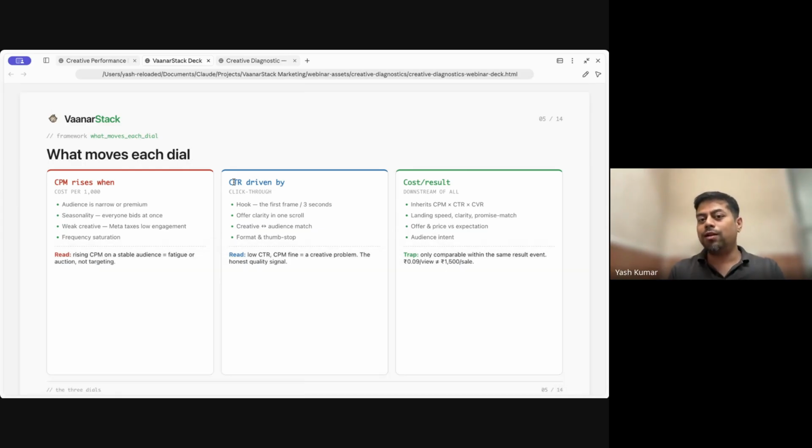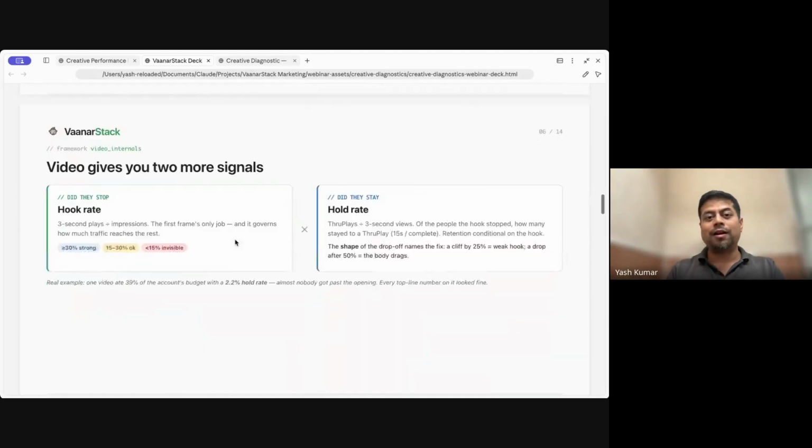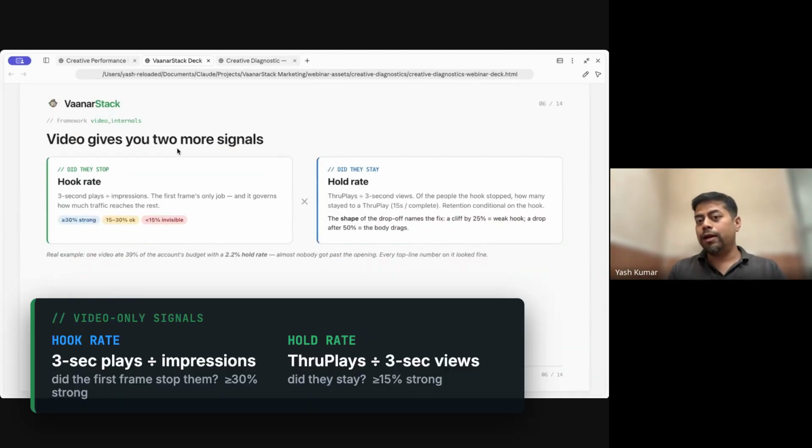Now, if you have spent a decent amount of time in marketing, you would already know this, right? But I just wanted to clear the basics in terms of what metrics we are going to use for our analysis. Video gives you two more signals, which you do not get in a static ad, which are hook rate and hold rate. Hook rate is 3-second plays divided by impressions. Impressions would be the number of people who have seen your ad, and then how many of them completed 3 seconds versus people who just scrolled and did not even complete 3 seconds, which means the hook was either good or bad.